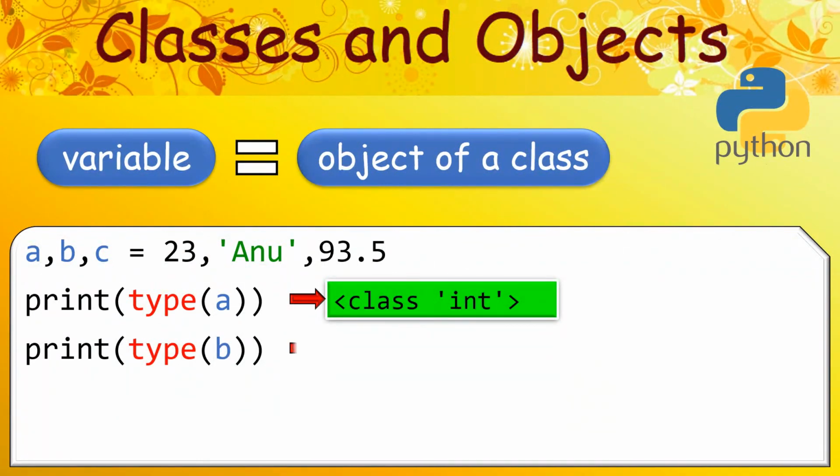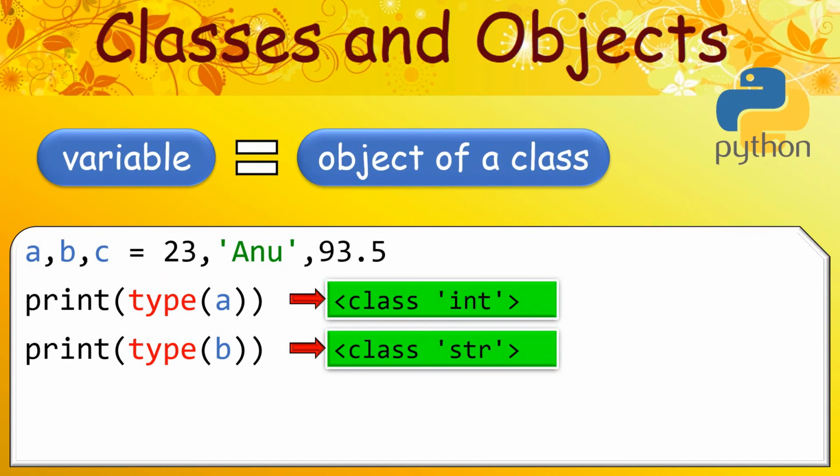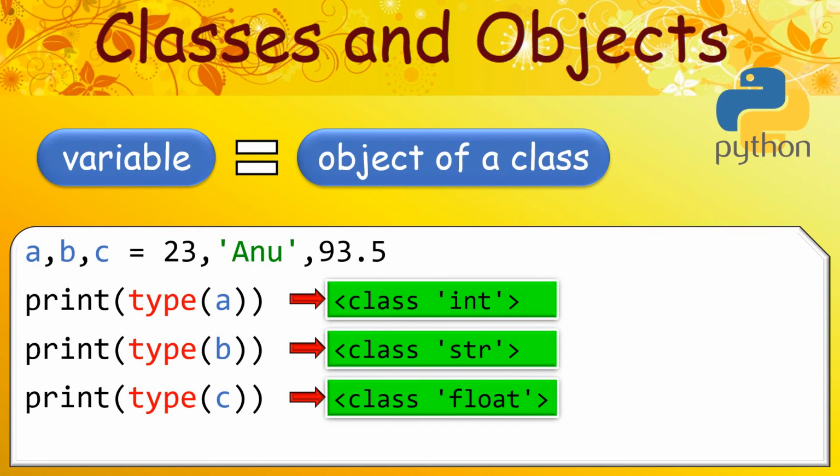Type of B is class string. The variable B is an object of class string. Type of C is class float. The variable C is an object of the class float.